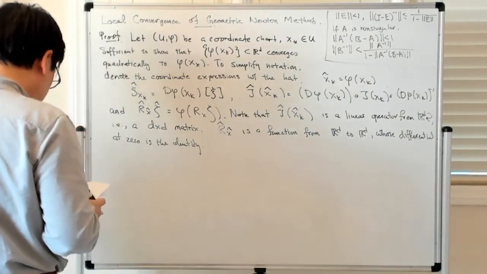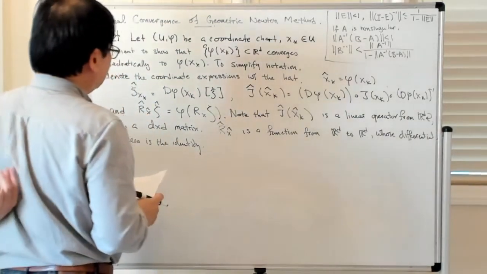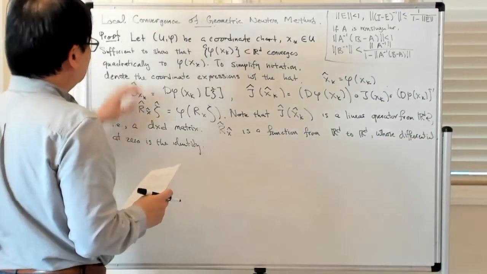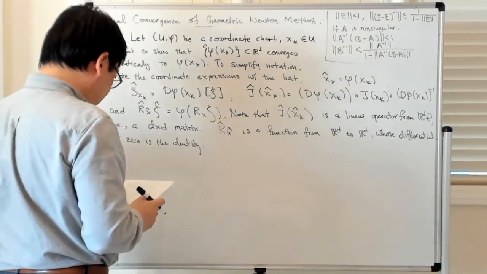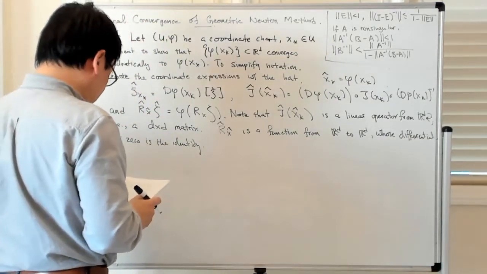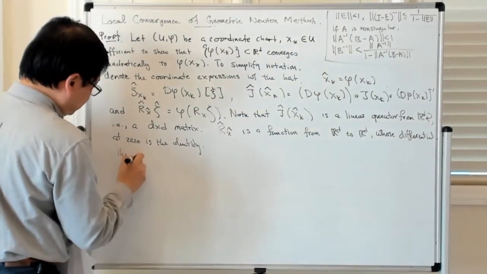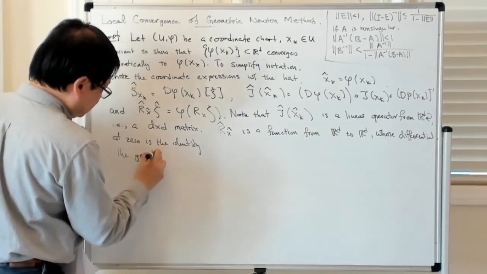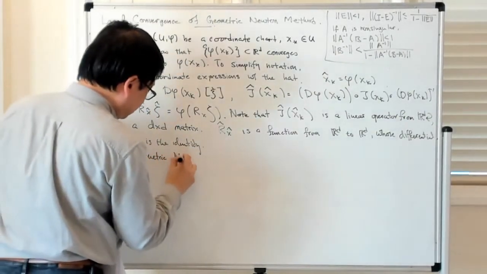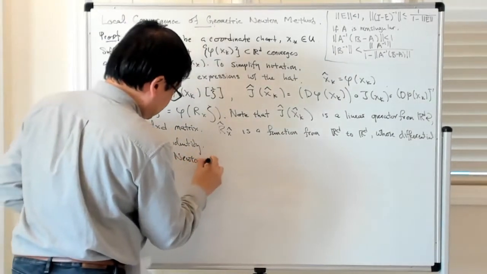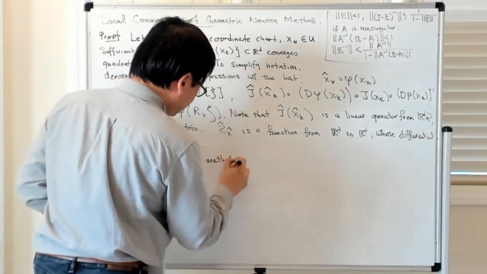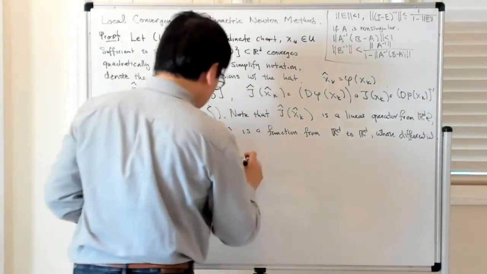All right. So with that in mind, we're ready to talk about the geometric Newton method, in particular what the algorithm looks like. The geometric Newton method has the following update.